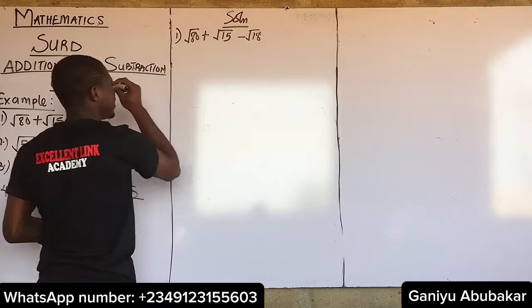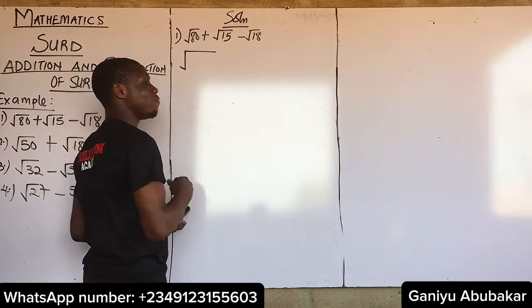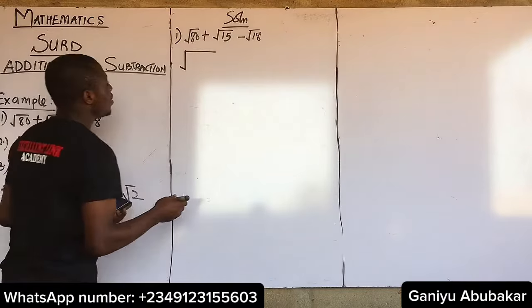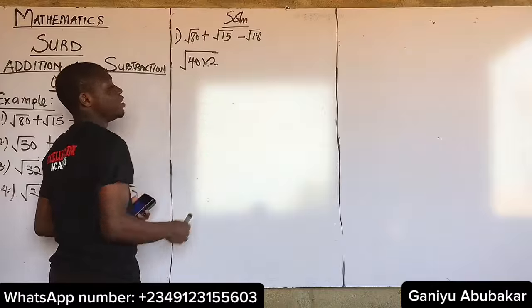So I have root 80. How can I get a perfect square from root 80? I know that 40 times 2 will give 80. True or false? True.